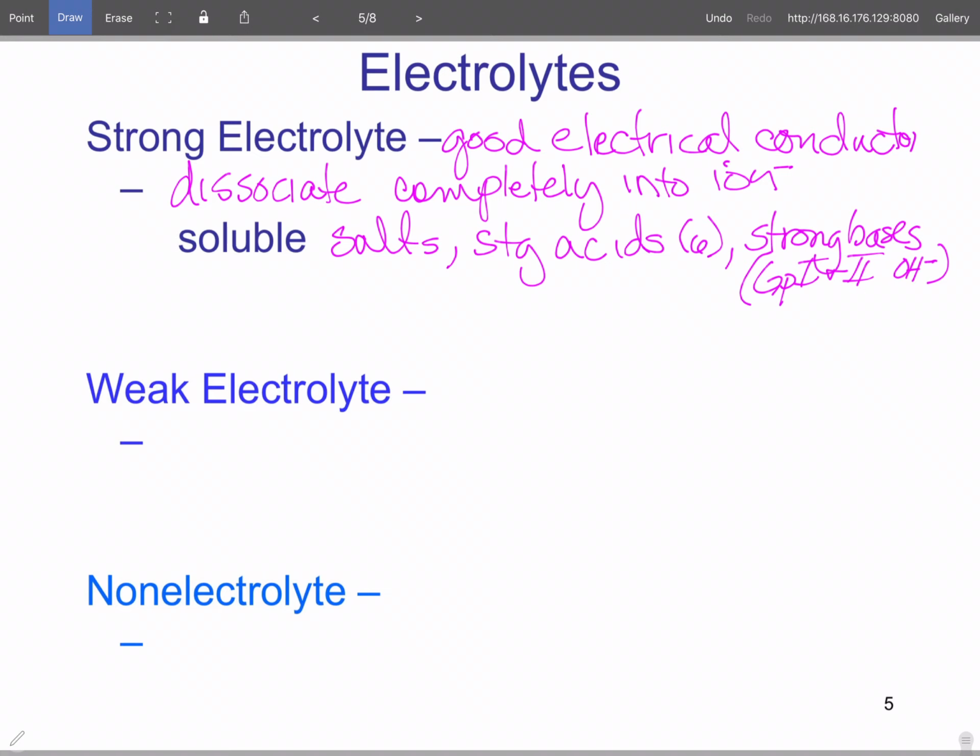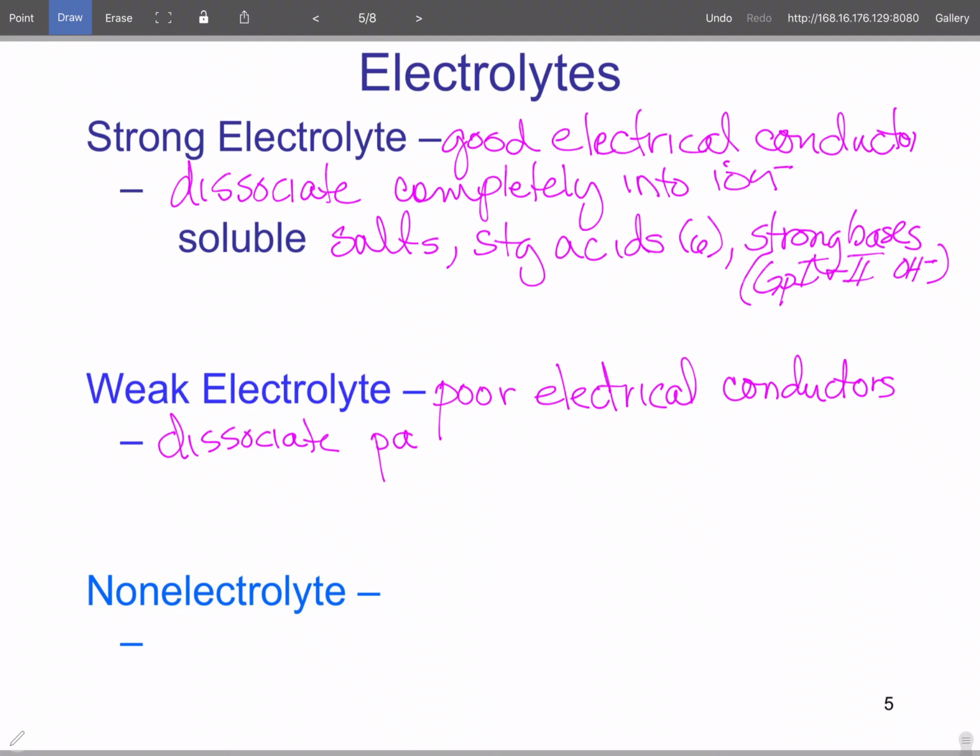Okay, weak electrolytes are poor electrical conductors. They will still conduct electricity, but not very well. Okay, so these are ones that dissociate only partially. So these tend to be weak acids and bases.